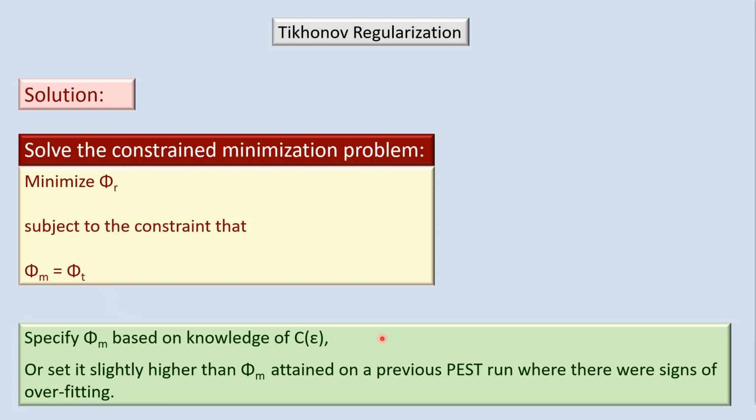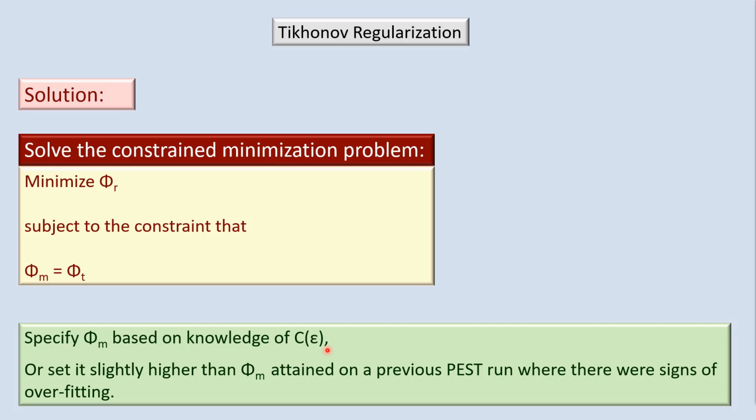Now, perhaps if our model is really good and it's measurement noise that determines the misfit, we can calculate the target measurement objective function up front just based on what we know about measurement noise. More often than not, we can't do that.